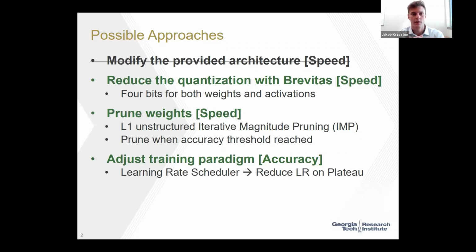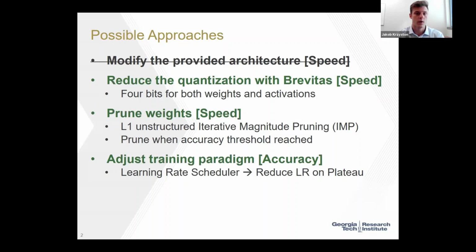So regarding the quantization, we were able to reduce the VGG style provided network down to 4 bits from 8 bits, and it was 4 bits for both the weights and the activations. We did go ahead and prune the weights. We used iterative magnitude pruning, which is essentially you train the network, you prune it a certain amount, you prune it based on the magnitude of the weights, you retrain, prune it again, so on and so forth.